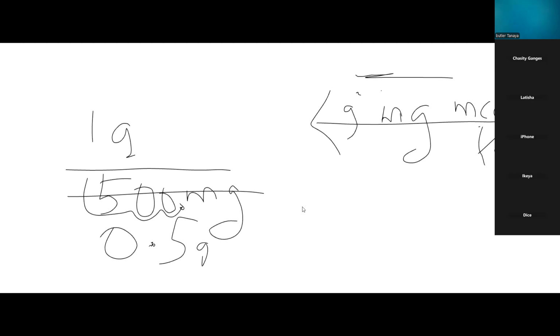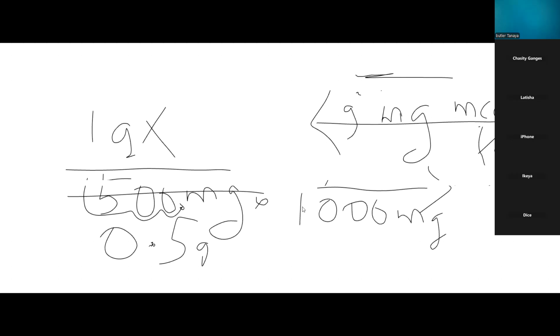But you're going to do this one because this is already in milligrams. You with me? Okay. So whichever one you want to do. You could either do 1 gram divided by 0.5 grams, or you could do 1,000 milligrams over 500 milligrams. The main thing is what works, what's going to stick in your brain under stress.